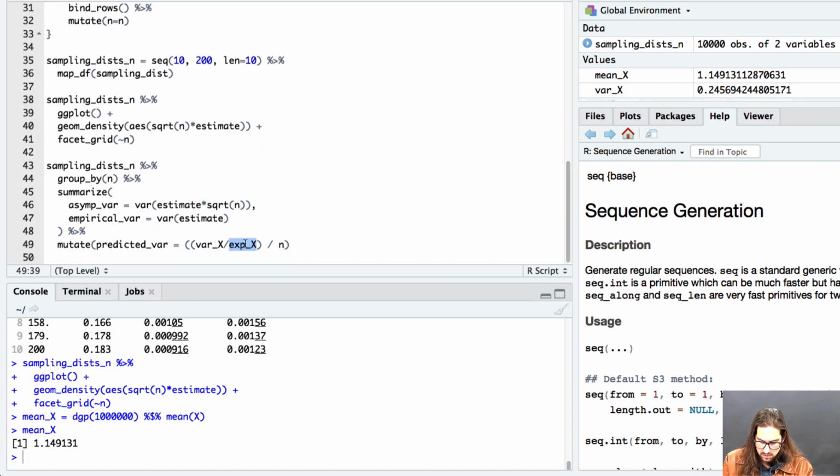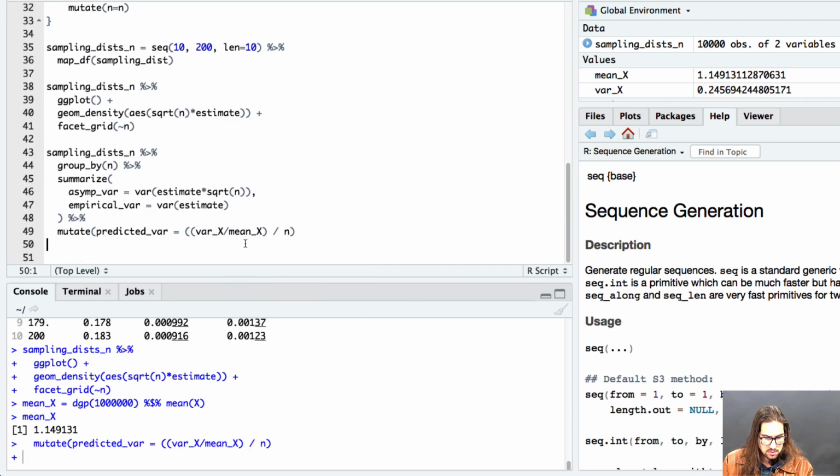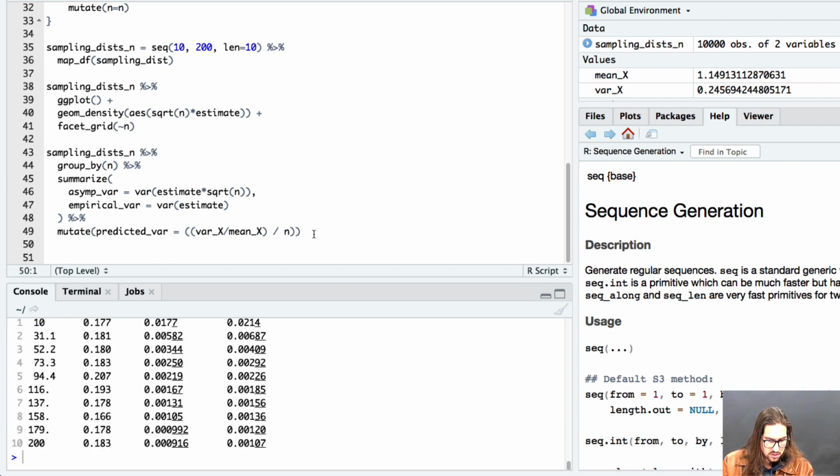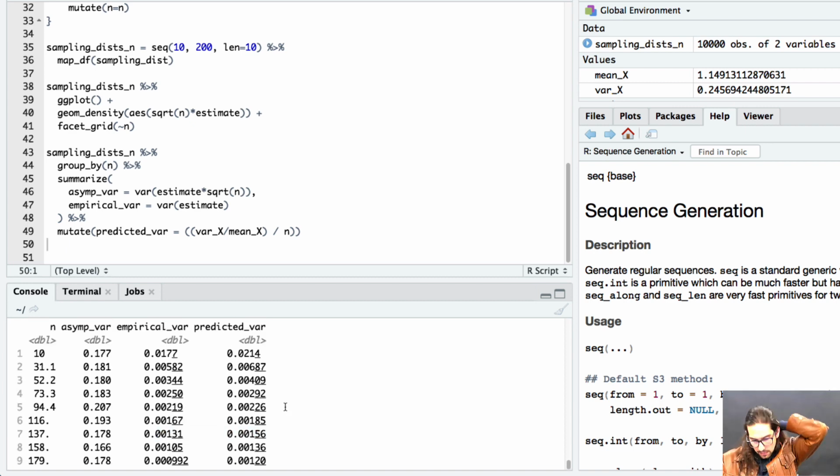So here, hopefully that comes out right. No, need a parenthesis. Yes. Okay, success. Great. So for small sample sizes, we're seeing some discrepancies, right? But as the samples get bigger and bigger, these are coming pretty close together.